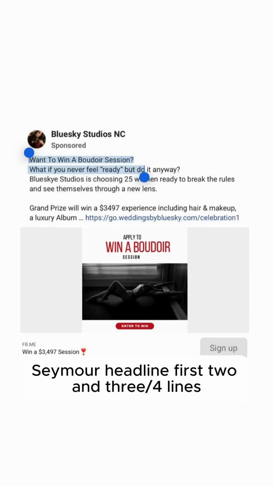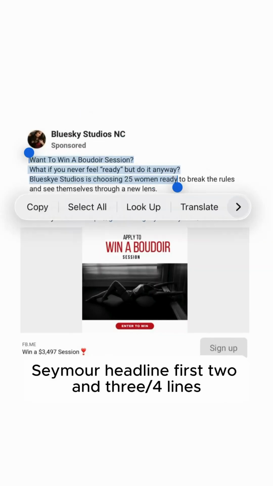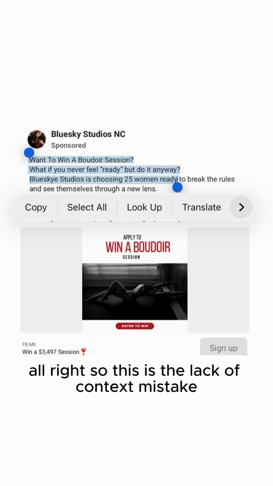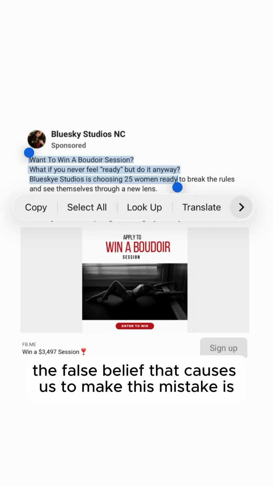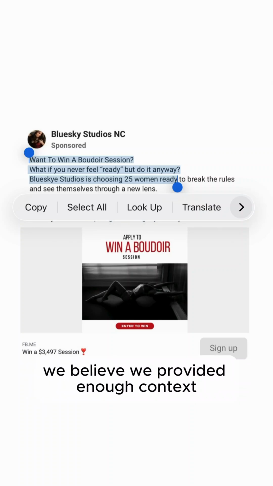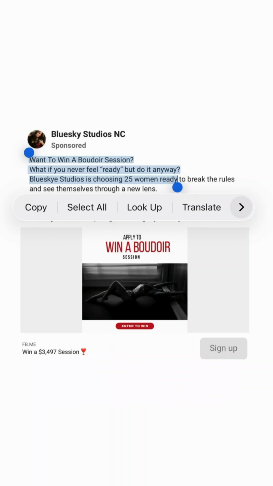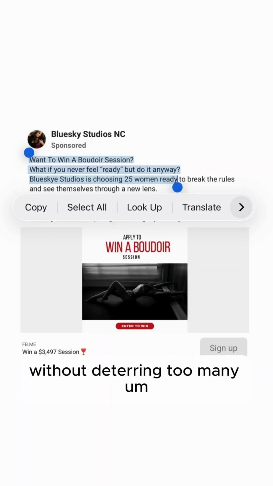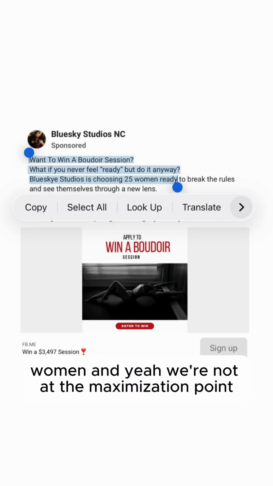Finally, let's look at the see more headline, the first 2 3/4 lines in the Facebook mobile news feed. All right, so this is the lack of context mistake. The false belief that caused us to make this mistake is we believe we provide enough context to maximize the number of the right women clicking into our ad without deterring too many women. And yeah, we're not at the maximization point.